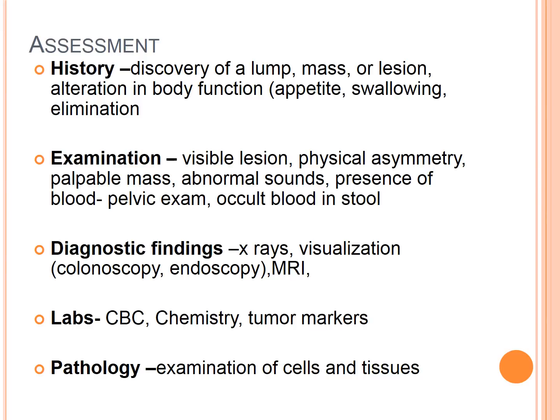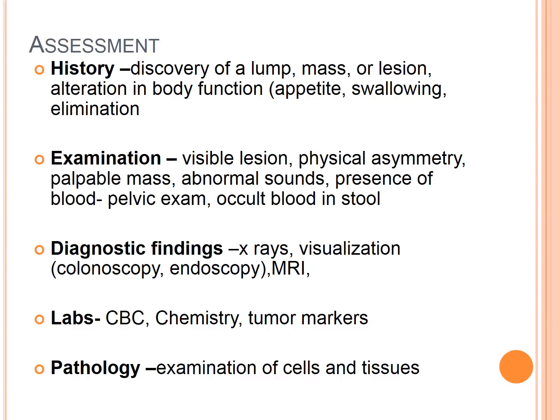Examination, so looking for visible lesions, any abnormalities in the skin, any palpable masses, again, enlarged liver, enlarged spleen, any enlarged lymph nodes, abnormal sounds with auscultation, presence of blood in the pelvic exam or blood in the stool.